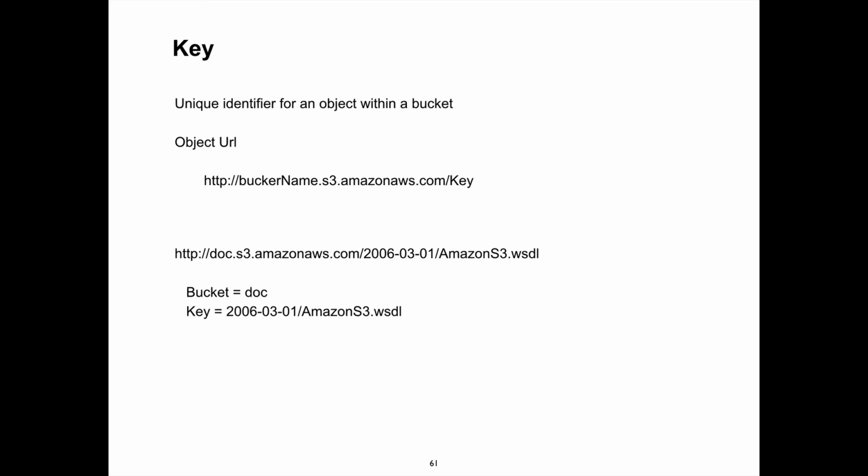And then we can have a key, right? That key is a unique identifier for a particular object, which uses its name and allows you to access it from a URL, given the right credentials, or if you make the file public, which you probably shouldn't do.